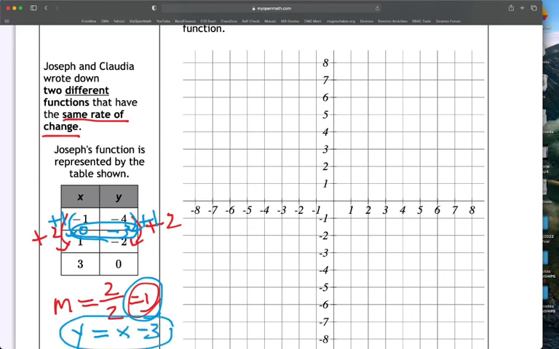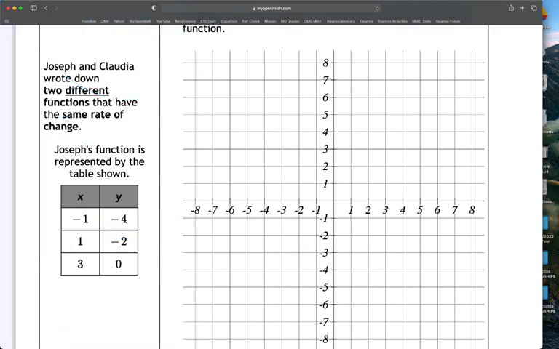So Claudia's equation that we graph has to have the same rate of change or the same slope, but a different y-intercept. So maybe, I don't know, y equals x minus 4. We don't really need to get overly complicated there. So let me go ahead and clear all this off and then graph y equals x minus 4.